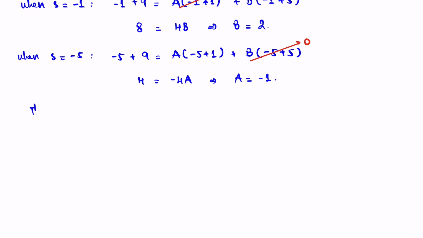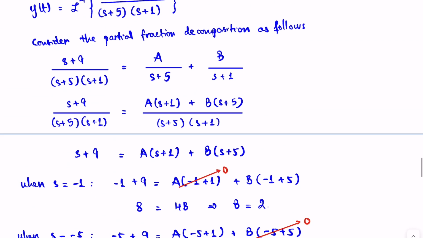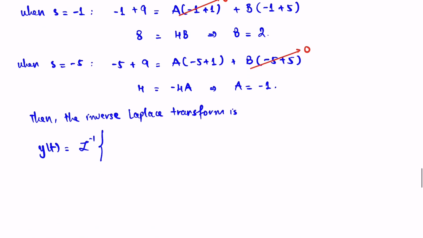Then the inverse Laplace transform is, so you get little y of t equal to the inverse Laplace transform of A over s plus 5 plus B over s plus 1, given that A is equal to negative 1 and B is equal to positive 2.